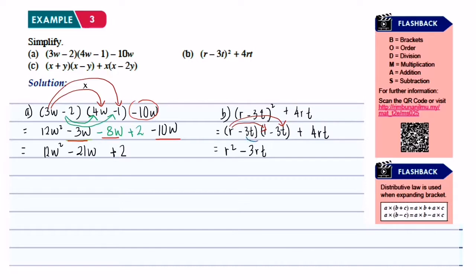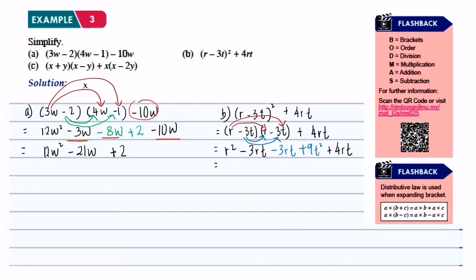Negative 3t times r equals negative 3rt. Negative 3t times negative 3t, you know, negative times negative is positive. So plus 9t squared. And copy down the 4rt.